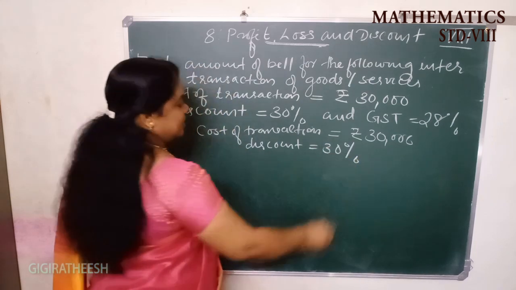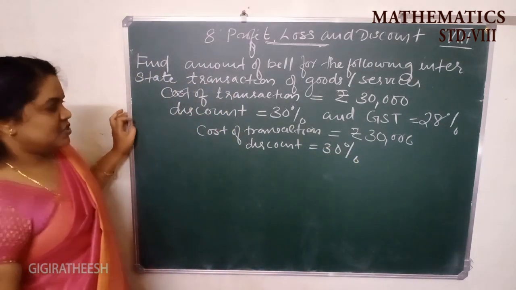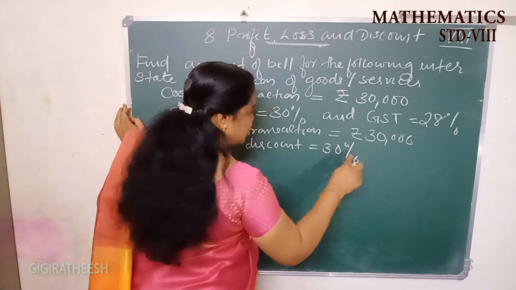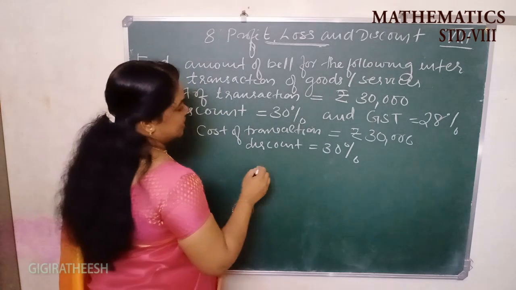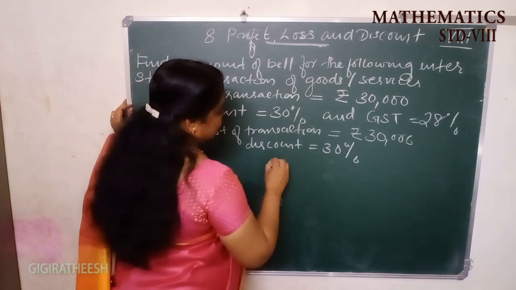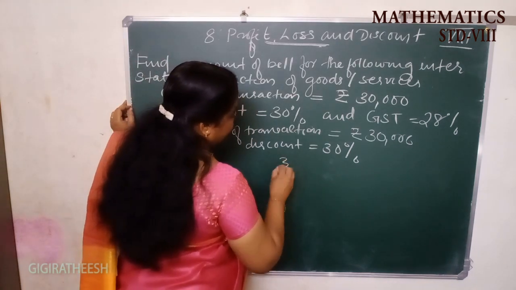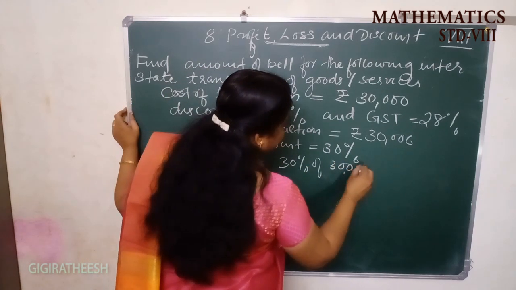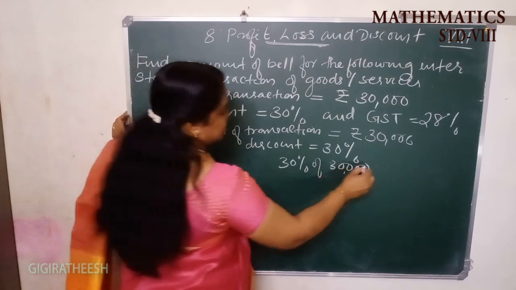You can find the discount in two ways. First, you can find 30% of 30,000.